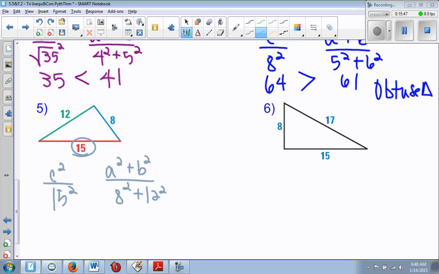So again, this is all calculator. 15 squared is 225. 8 squared is 64. 12 squared is 144. Adding those together gives me a value of 208. So in comparison, this is obviously not a right triangle because the values are not equal. C squared is larger though, which makes this an obtuse triangle.